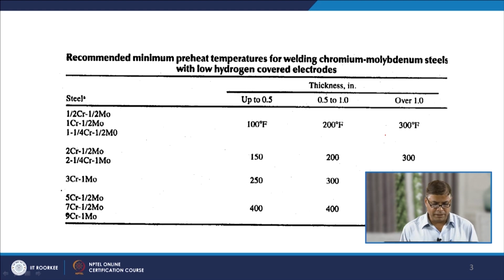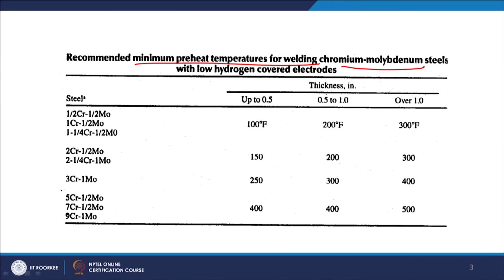So, this is what we can see here. This table shows the kind of preheat temperatures to be used when welding the chromium molybdenum steels using the low hydrogen covered electrodes. So, say 0.5 chromium and 0.5 molybdenum is 100 degree Fahrenheit up to 0.5 inch thickness, while for higher chromium like 2.25, 5, 7 and 9 chromium, this preheat temperature is 400 degree Fahrenheit.